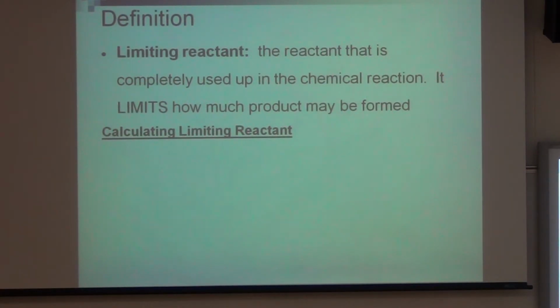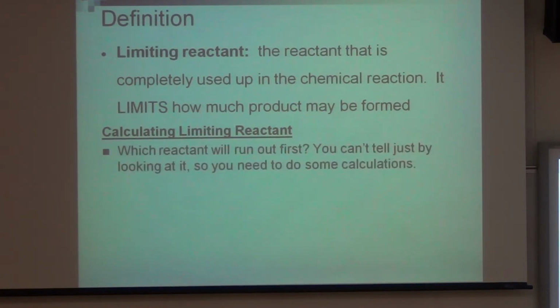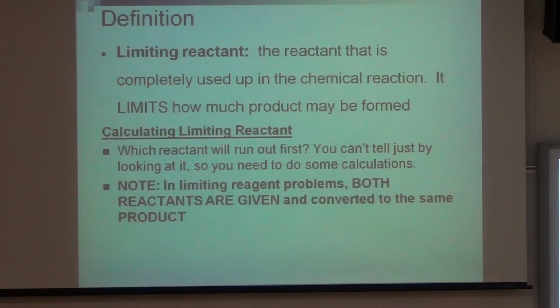To calculate or find your limiting reactant, you're going to calculate twice. How much can we produce? And then you're going to select your smallest answer. So both reactants are given.